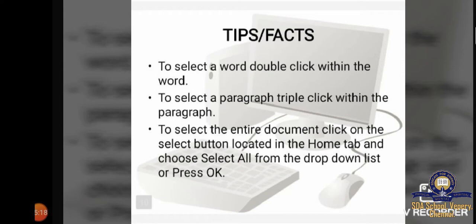And then to select the entire document, you want the whole thing of data to be selected, then you click on the select button located in the home tab and choose select all from the drop down list or press Ctrl+A.